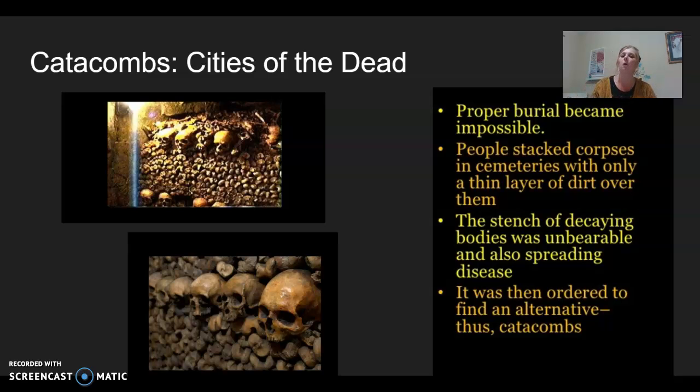But you can even go over to Paris and different places today and visit some catacombs where you'll actually be able to see and tour the remains of many people. And that is about it. So catacombs are just an underground burial site. And just remember that if you were wealthy back in the day, you most likely buried your family members right below your home. Okay, so hopefully this is enough information to help you understand as we begin reading The Cask of Amontillado by Edgar Allan Poe.